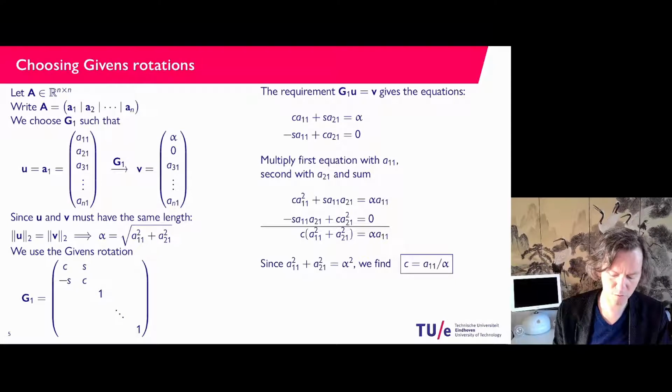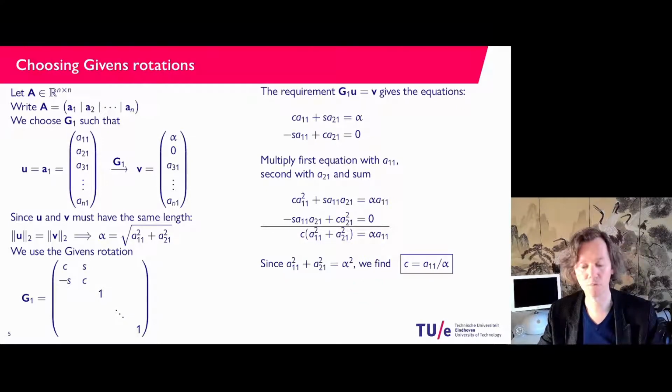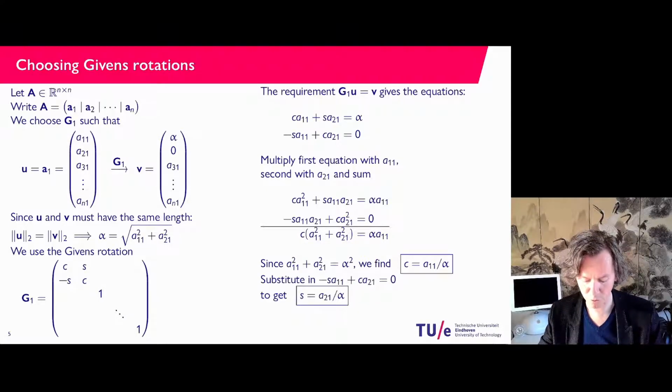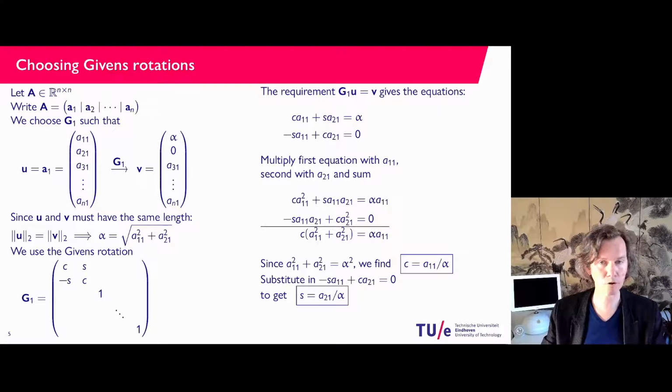And here I've actually done that, but it's simple. You can multiply the first equation with A11, like I wrote here, the second with A21. You can add them together, and you can use the definition of alpha, and then we have the boxed formula for C, and then we can use one of the other equations to have S. So from this you can compute C and S. I will do a little numerical example with actual numbers in a bit.